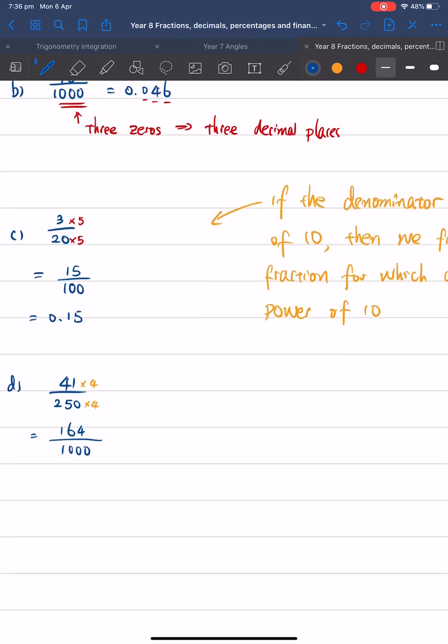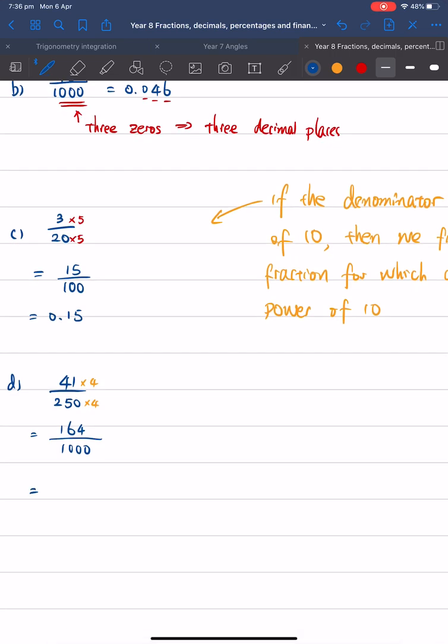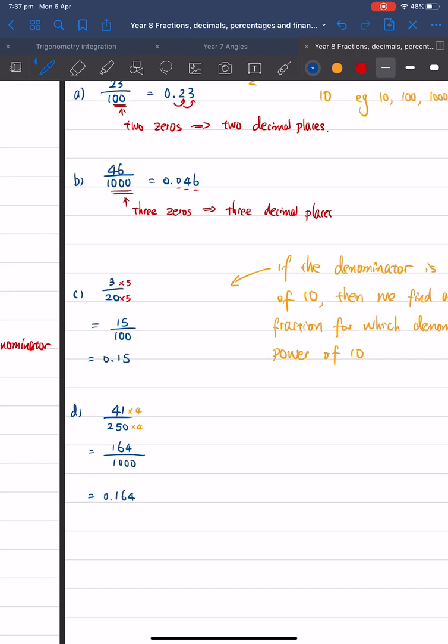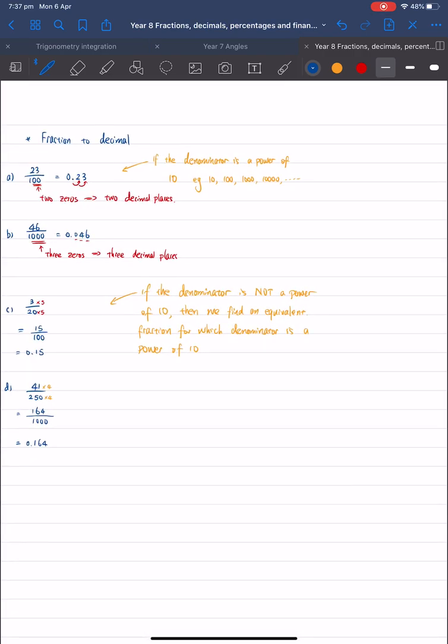So the answer will have 3 decimal places, because we'll have 3 zeros. So that becomes 0.164. So this is the second case. If the denominator is not a power of 10, then we can find an equivalent fraction for which the denominator is a power of 10.